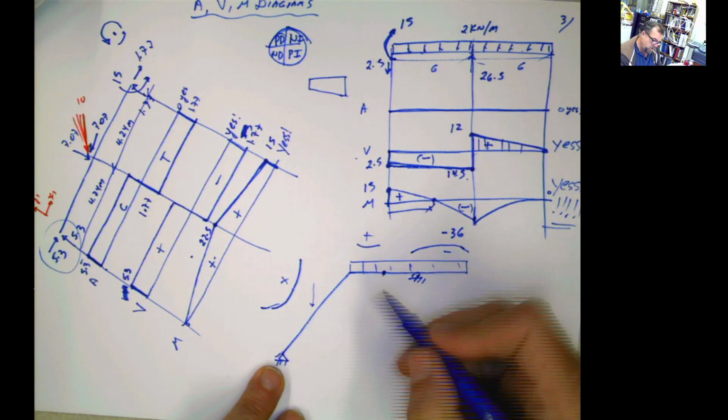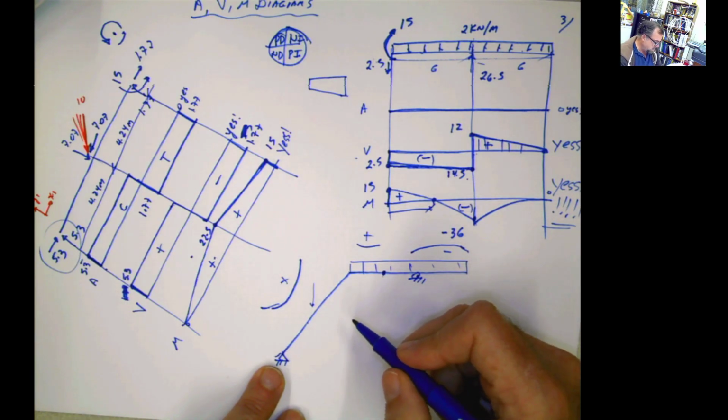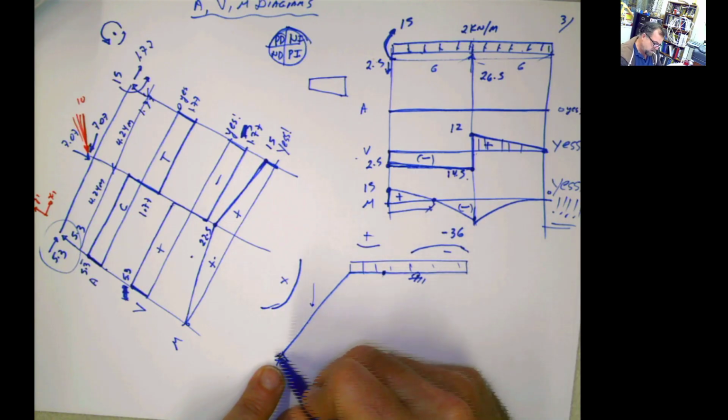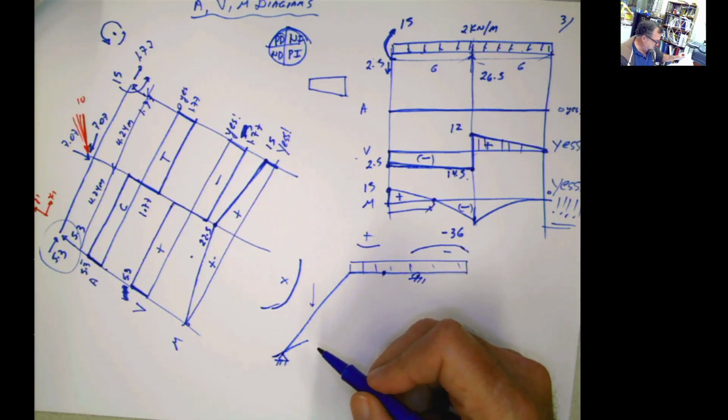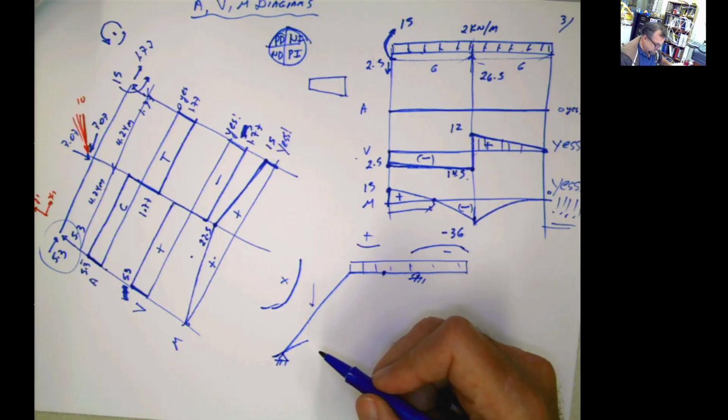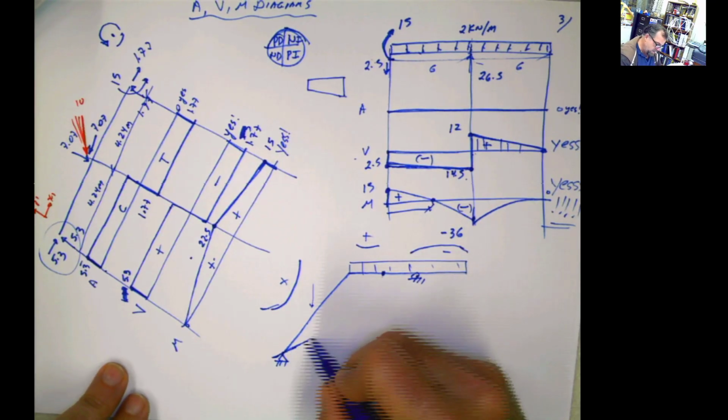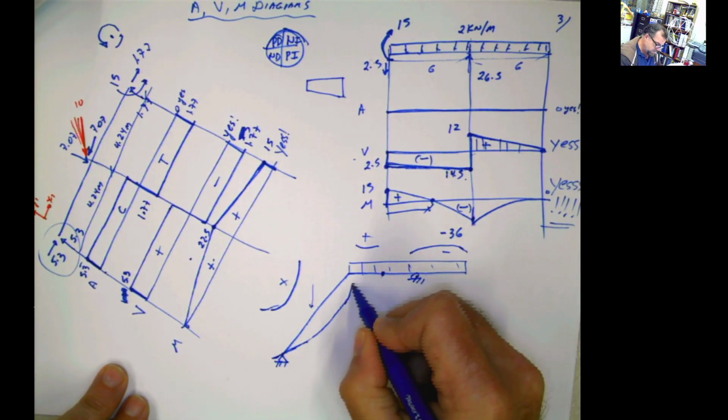Now if I have to put everything together, basically what is happening here is something like this. You have this tension happening here in this part, and this is going to be following something like that.